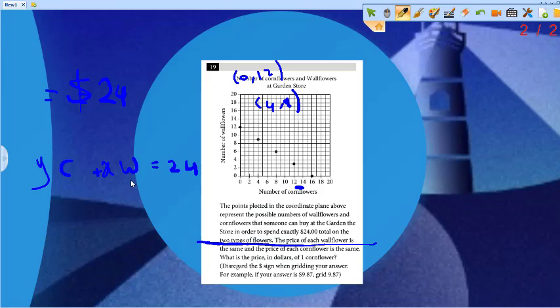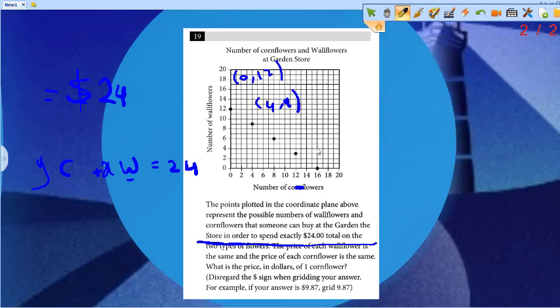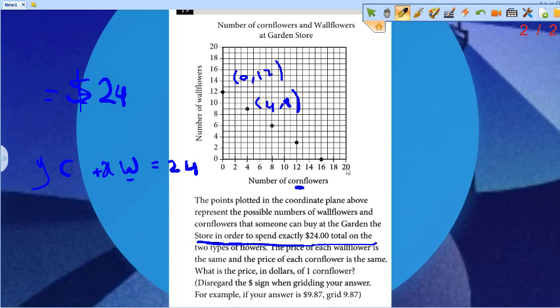If I need the price of a cornflower, which ordered pair makes this easy? Yes, (16, 0). I'll buy 16 cornflowers and 0 wallflowers. It means 16C equals 24.